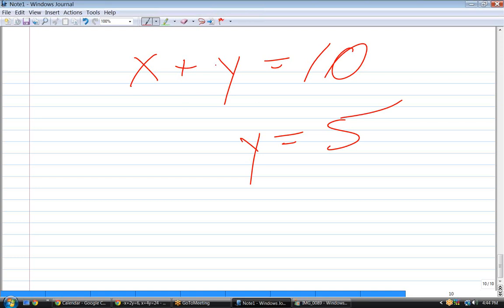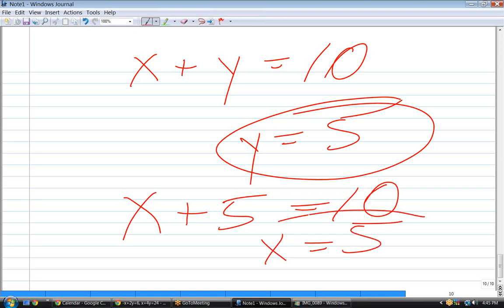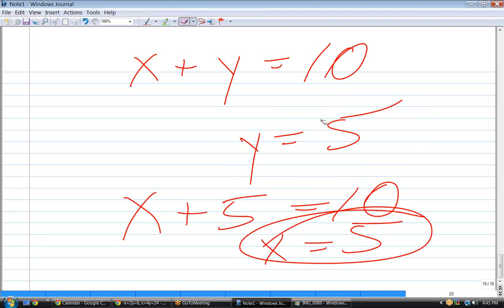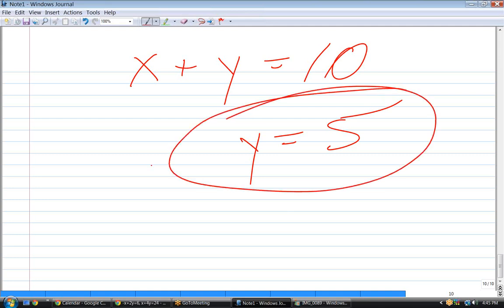The reason it's called substitution is because I'm going to substitute this for y in the first equation. So I get x plus 5 equals 10. That tells me x equals 5. So x equals 5, y equals 5 is the solution to both of those. Notice I didn't use elimination. I used substitution, because one of my equations was already fully defined.